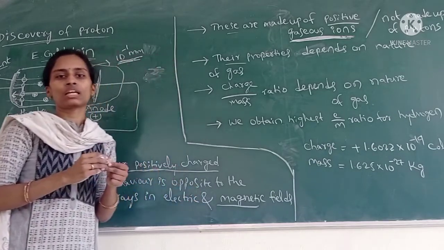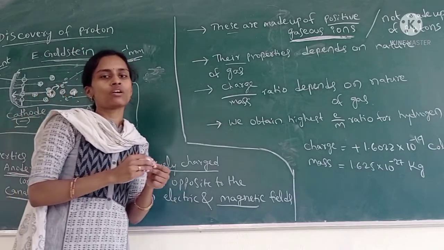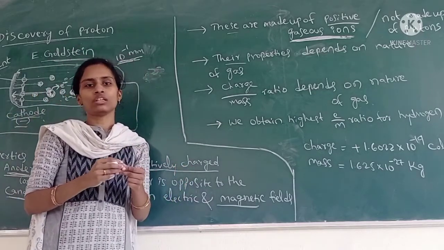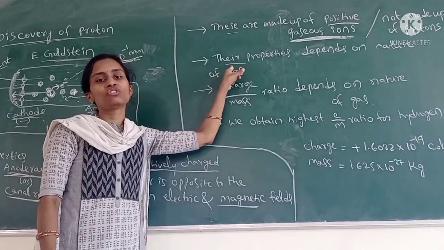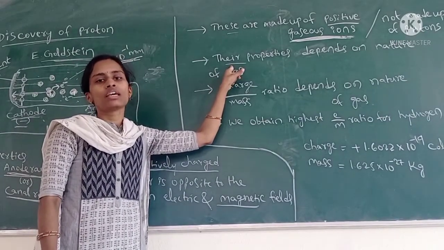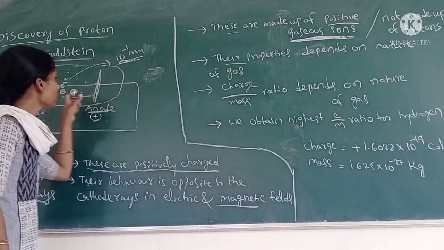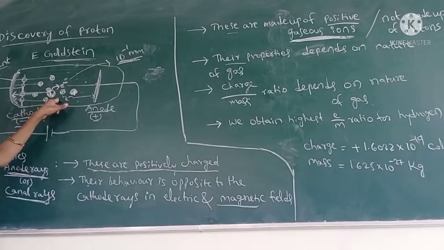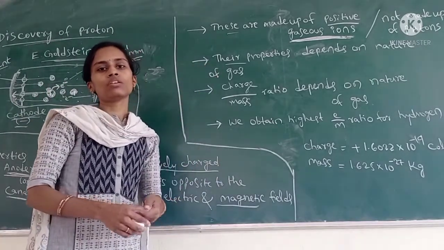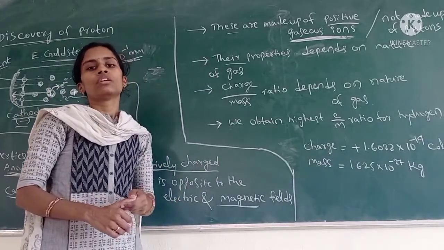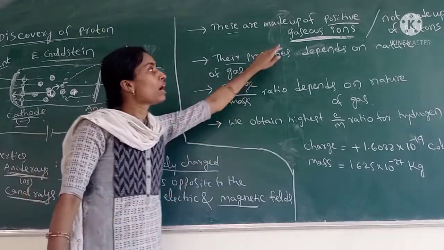By changing the gas, the properties of cathode rays do not change, but the properties of anode rays change on changing the gas, because they are not made up of protons, they are made up of ions.